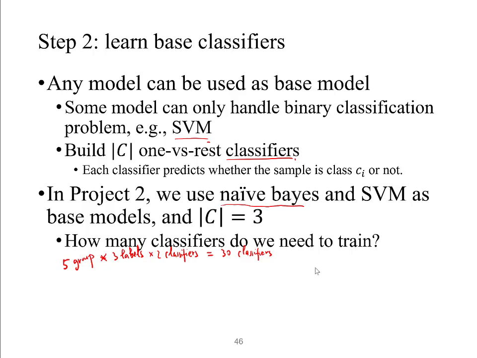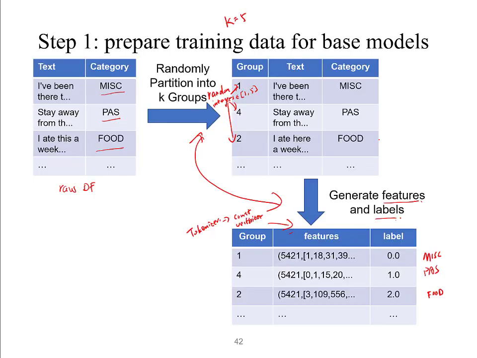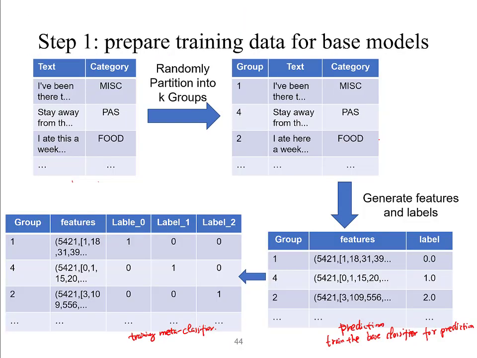This is the first type of base classifiers. If you still remember, we have mentioned here that these are the ones that offer the meta features when training, and we also need base classifiers to offer the meta features when testing. These classifiers were trained on the whole training data set.